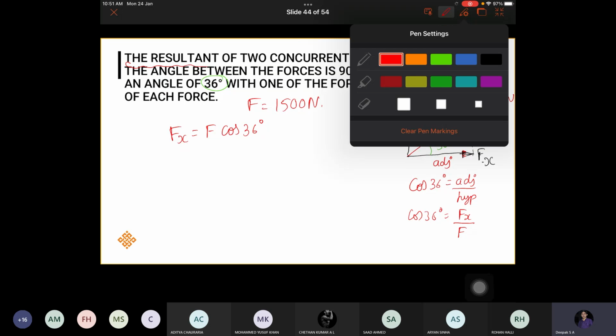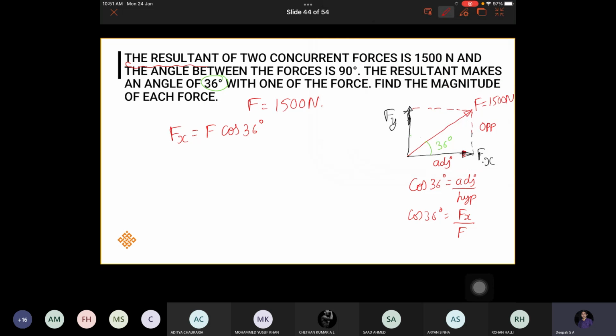So similarly, what about Fy? This is Fy, and this side is also equal to Fy. So now you can write sin theta. What is sin theta? Opposite by hypotenuse.